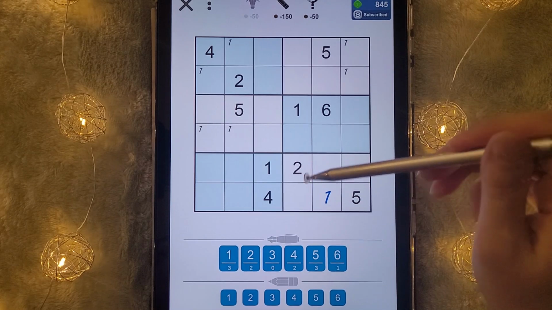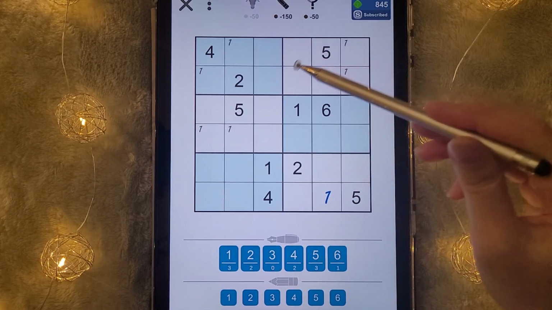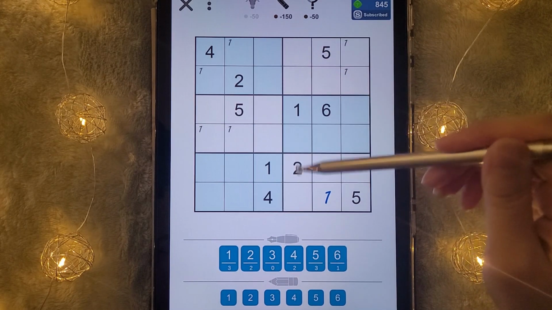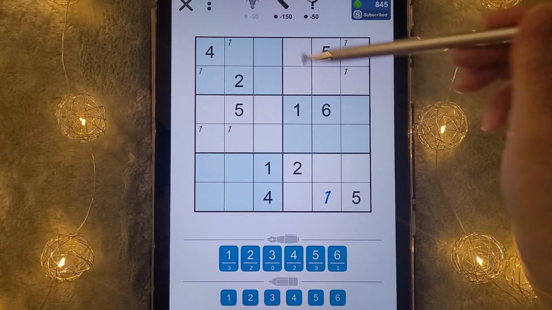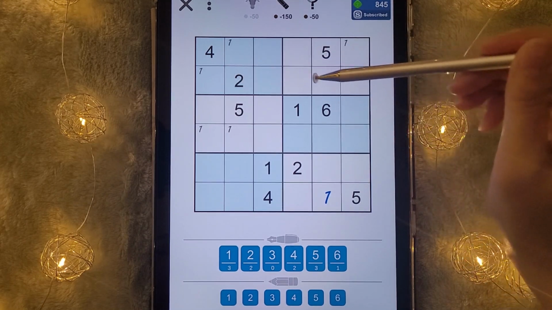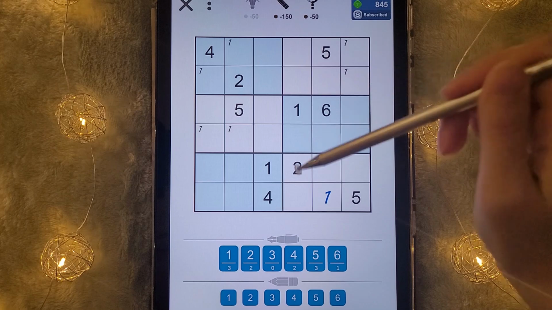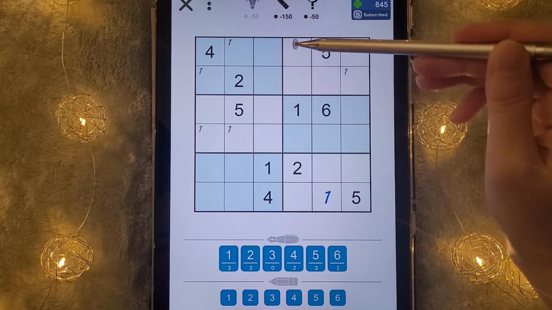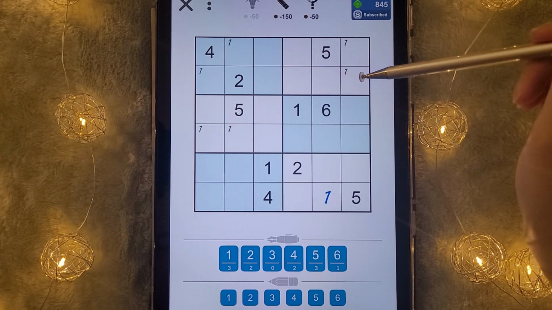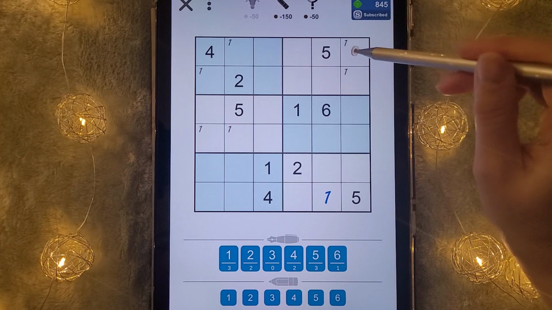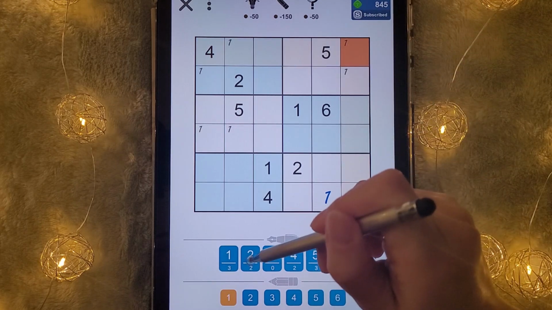Let's go ahead and move on to the 2s. So I see that we can place a 2 up here in this box. So this 2 here sees these cells, and this 2 here sees these cells, which means that the only cell available for a 2 is this one here.